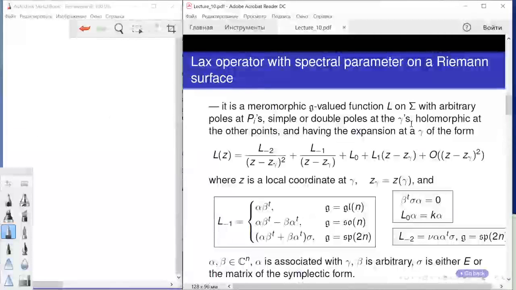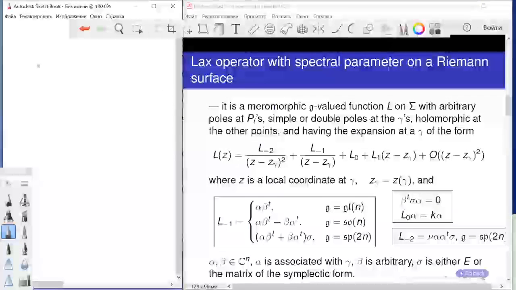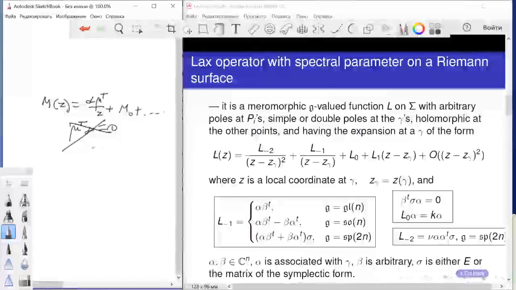So, for example, in the GLN case, an M operator has the following expansion at a gamma point: alpha mu T over Z plus M0 plus and so on, with no condition of this type, and no condition of this type. Just this expansion.